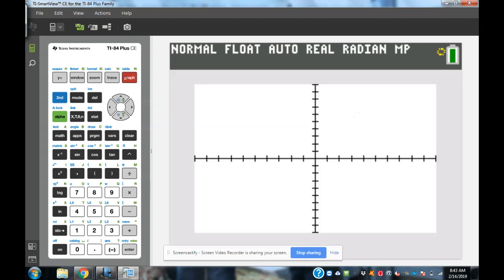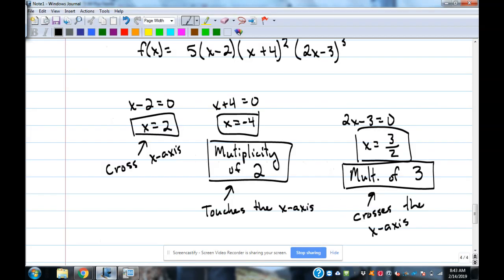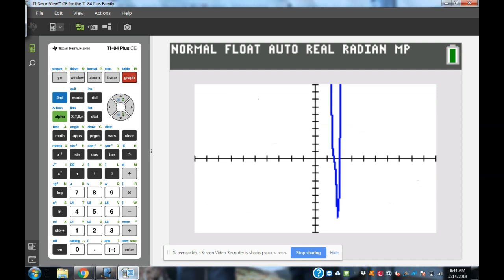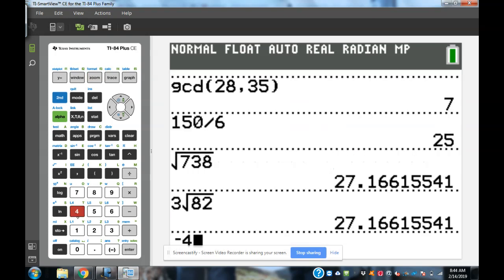And then we graph that. We should see those things. We'll see some weird stuff happening there. We don't see it crossing or touching the x-axis. Well, we do see it crossing it. Where should it be touching it? At negative 4. Why do we not see that? We know it's there, but the graph doesn't show it. What happens if I zoom in at negative 4?